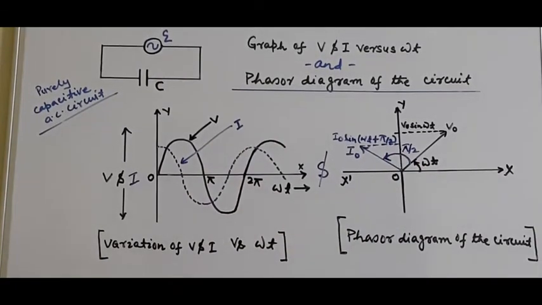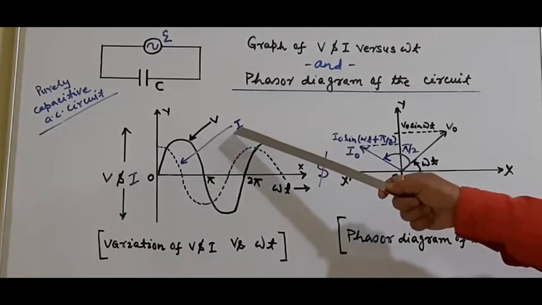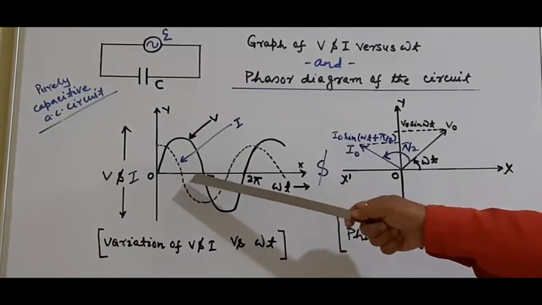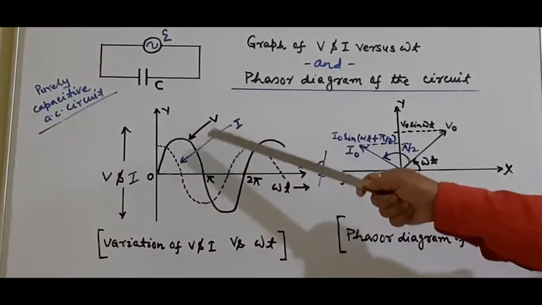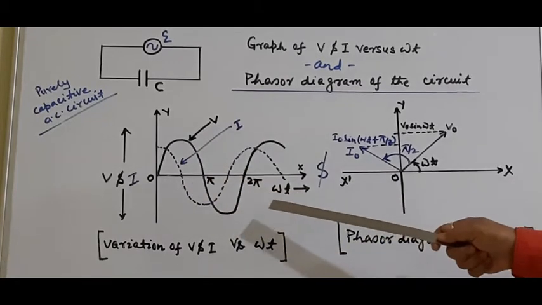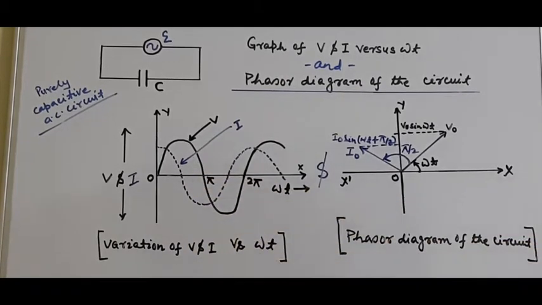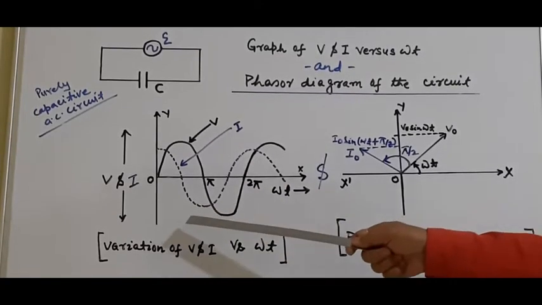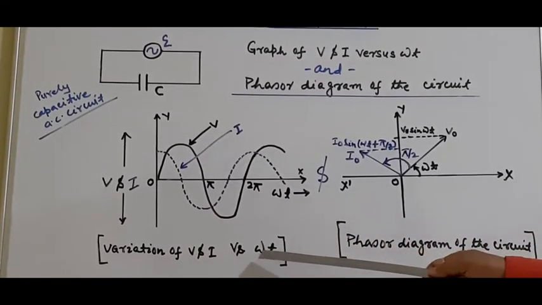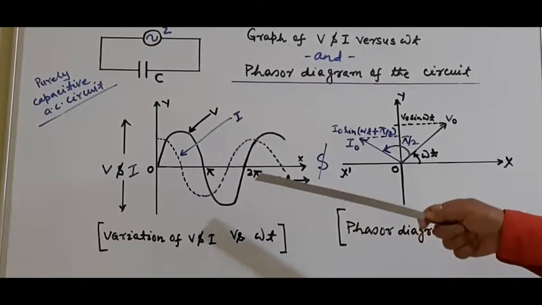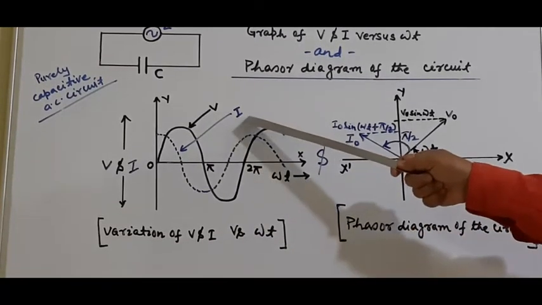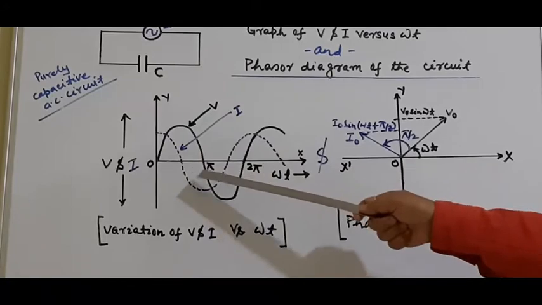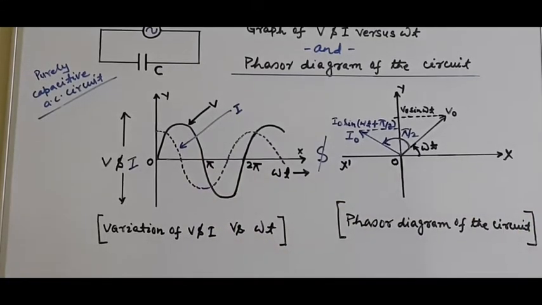In other words, the peak of current falls on the reference line earlier than the peak of the voltage. Because we have drawn this graph twice earlier, there is no need to explain it more. So this explains the variation of voltage and current versus omega t, in which it is quite clear that the current leads the voltage by phase angle pi by 2.